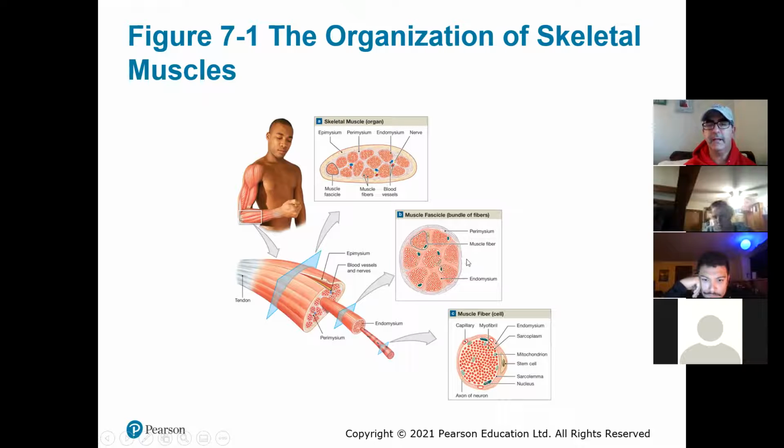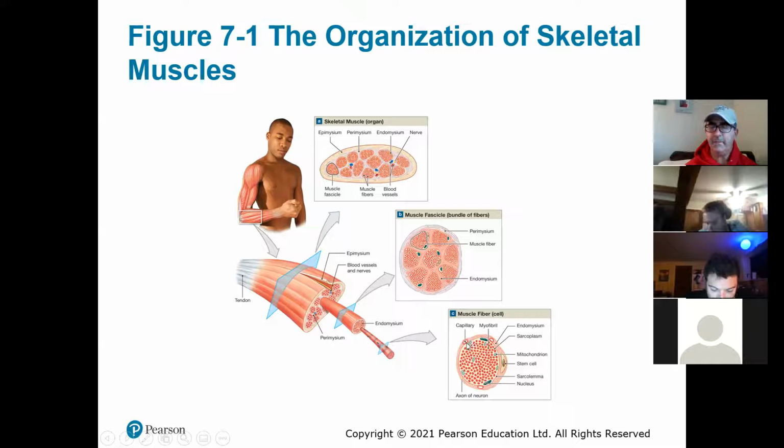If you look at a fascicle, it's actually made up of bundles, and they take one of those bundles and pull it out. Here's the picture of that bundle pulled out. That's a muscle fiber, or sometimes it's called a muscle cell. When we looked at a microscope, we were looking at muscle cells, at this level of organization, which is surrounded by its own connective tissue called the endomysium.